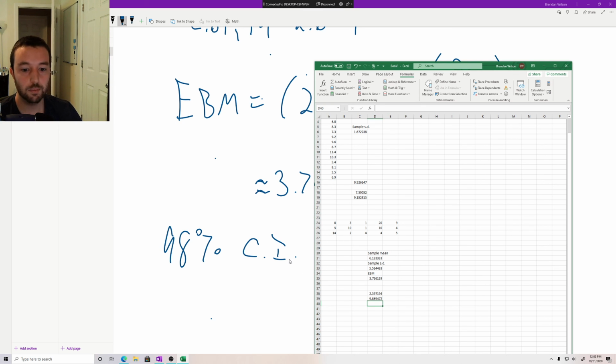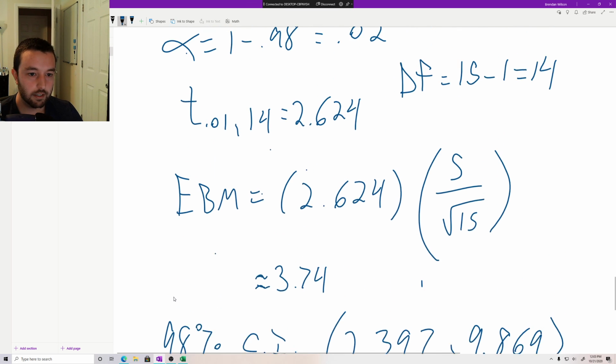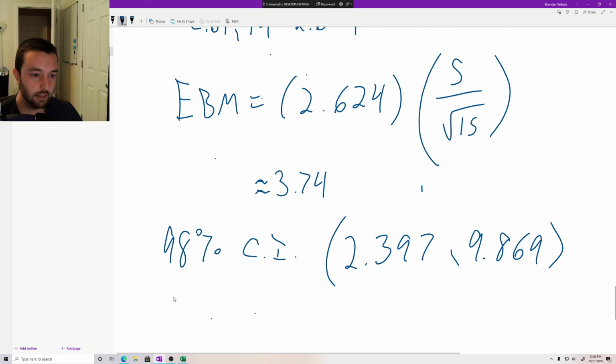Not technically outliers, but big numbers like that. So it doesn't narrow it down a whole lot, but that's because we're very confident in it with 98%. Okay, so we just have to find the t-score and then use the sample standard deviation instead of the population standard deviation. But other than that, it's pretty much the same as the last section.